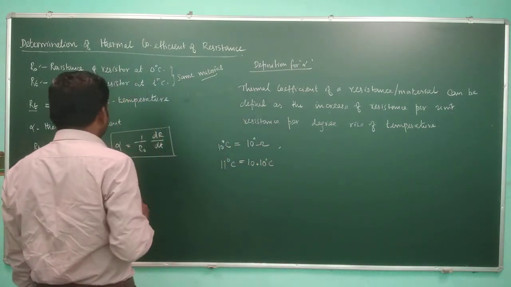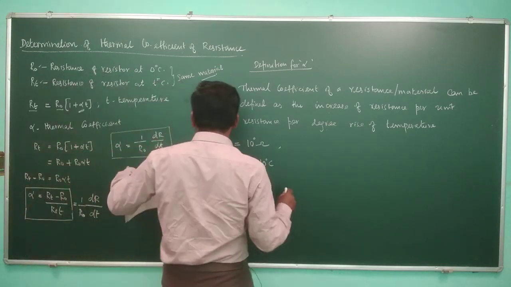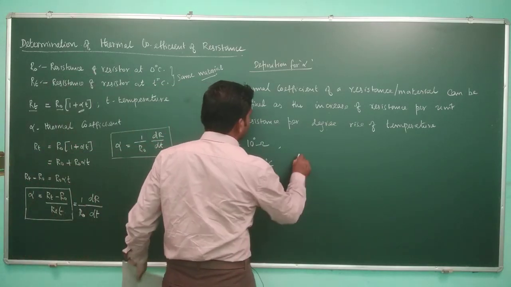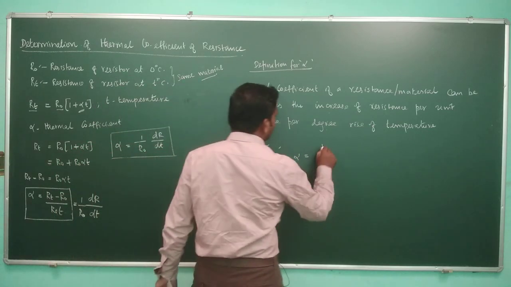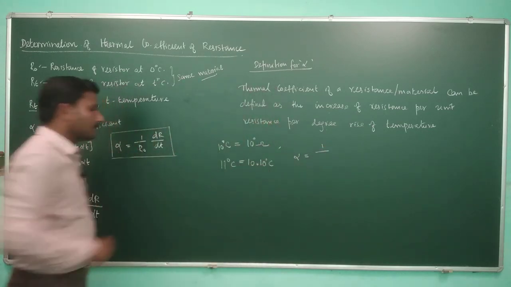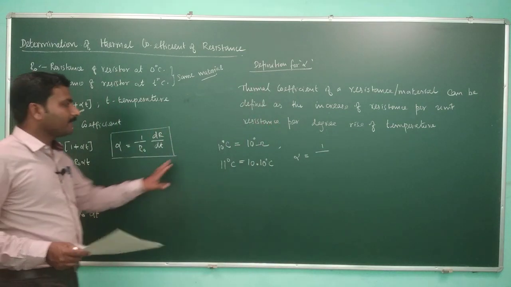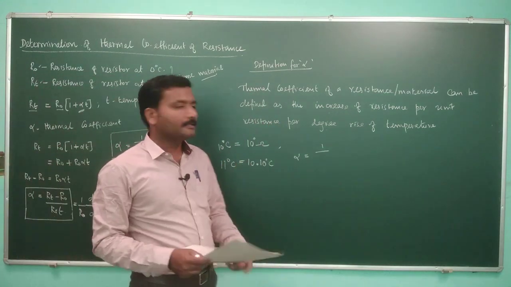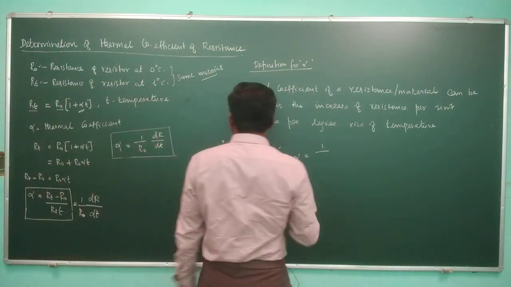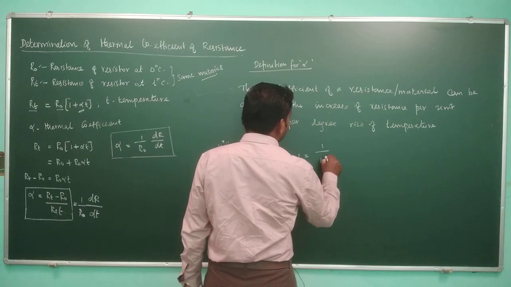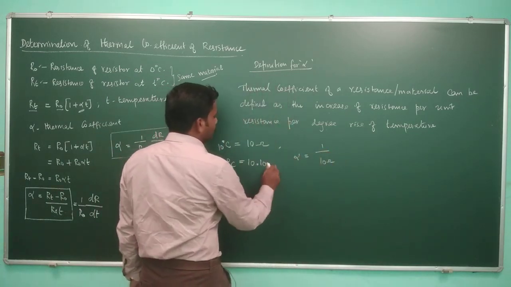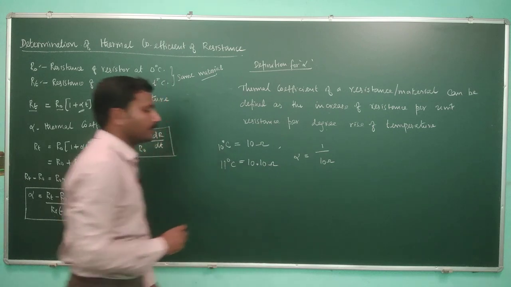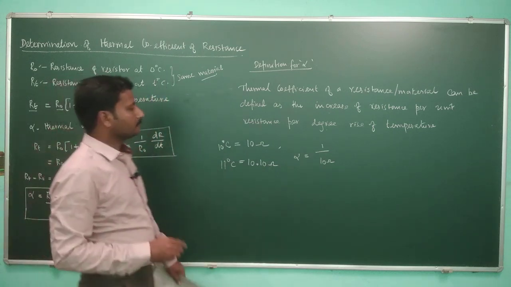Now how to define alpha? You apply this here. So alpha is 1 by R naught. R naught is the resistance at 0 degree, but in our case assume that R naught is the initial resistance, so that is 10 ohms, not degree, sorry, 10 ohms. Don't get confused.